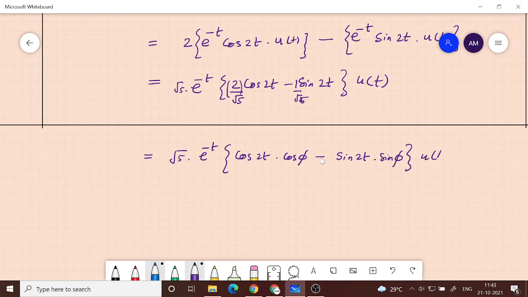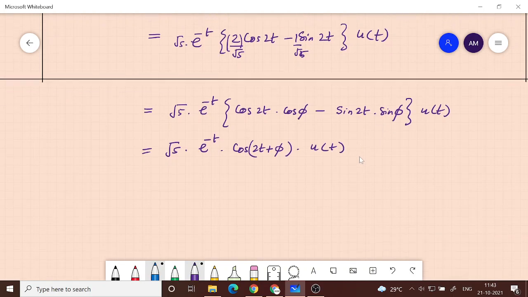This way I can do it. So that is equal to square root of 5 e raised to minus t. Then I can have the entire bracket as cos 2t cos phi minus sin 2t sin phi. Can anybody tell me what is it? Cos a cos b minus sin a sin b, that is cos a plus b, yes. Cos a plus b u of t. So this is a bit neat.